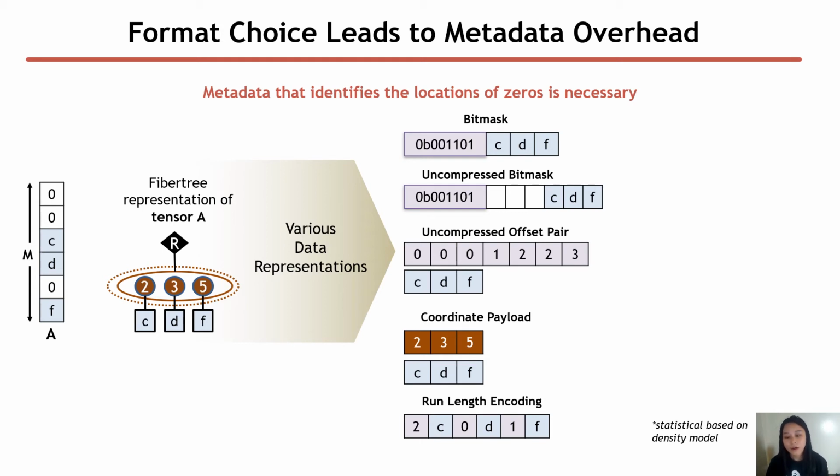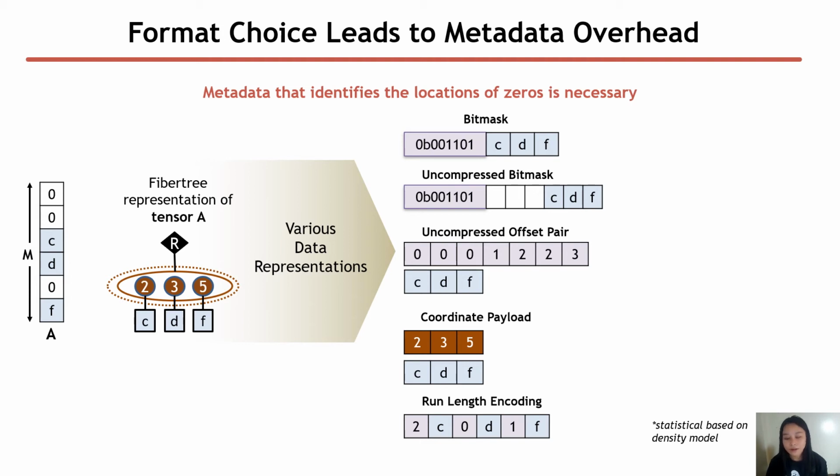So here we're essentially showing the different data representation formats supported by us. So you could have bit mask, which uses 1 bit to represent whether the specific location in your tensor has a 0 or non-zero value. This bit mask representation can be compressed or uncompressed, where compressed bitmask only stores the non-zero payload, but uncompressed bitmask stores all of the payloads.